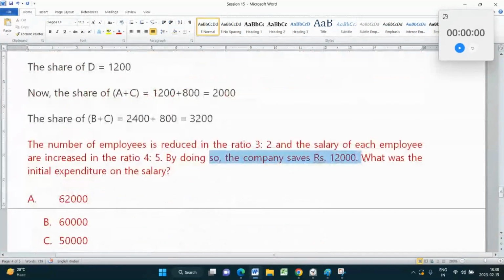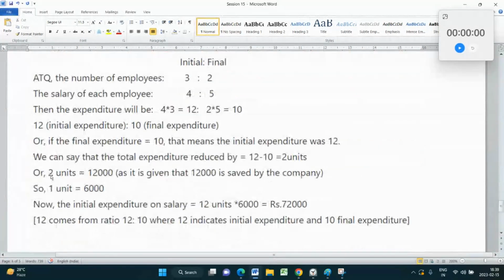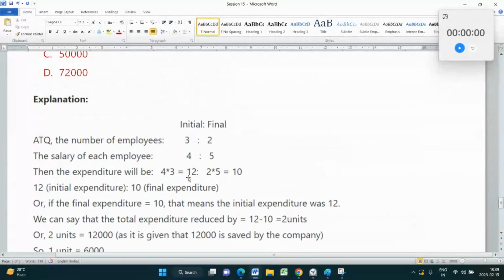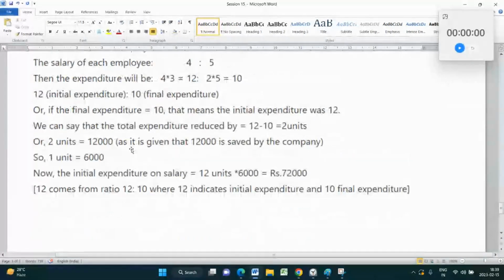The company saved 12,000 rupees. So 12,000 rupees is equal to 2 units. So how much is one unit? 6,000 rupees. So initial expenditure was 12 into 6,000 that they were spending. Final expenditure was 10 into 6,000.